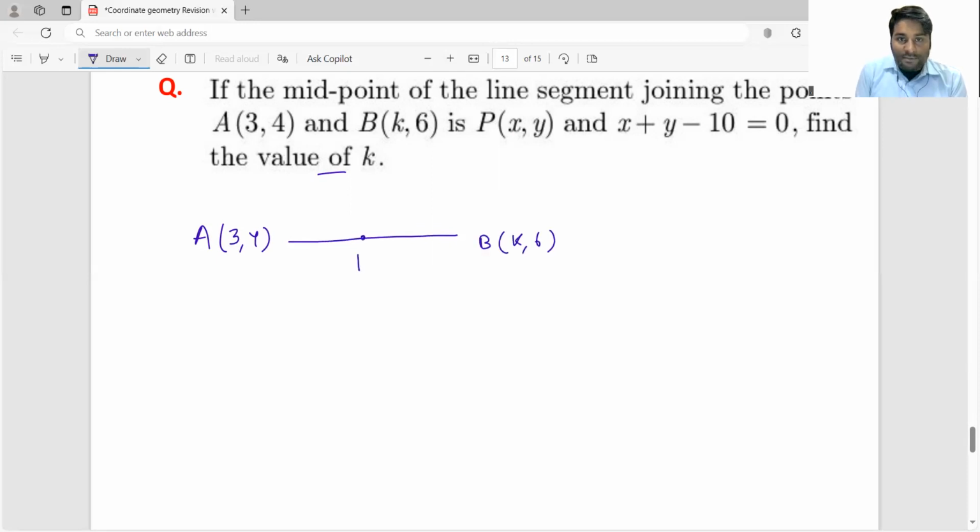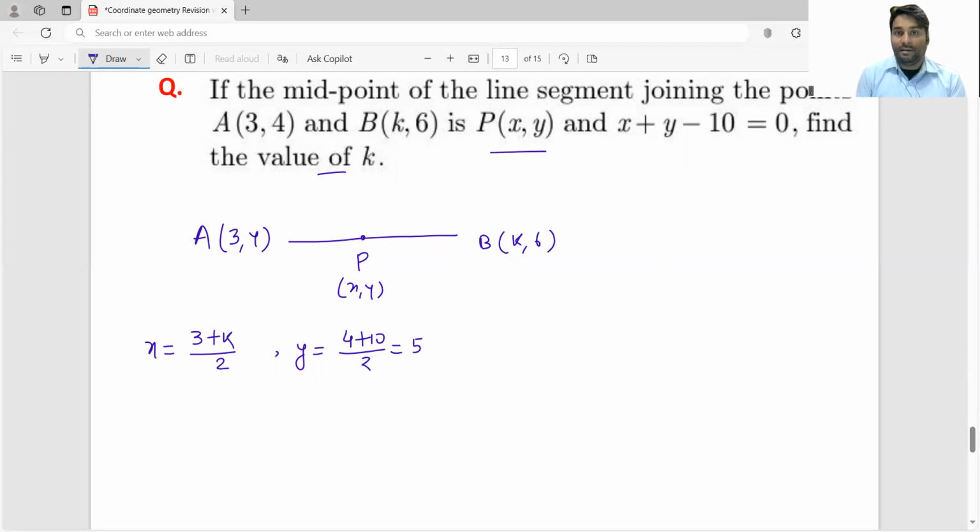Now the midpoint is P, which is given as x comma y. So what will be x here? x will be 3 plus k by 2. And what will be y here? y will be 4 plus 6 by 2, which is 5.